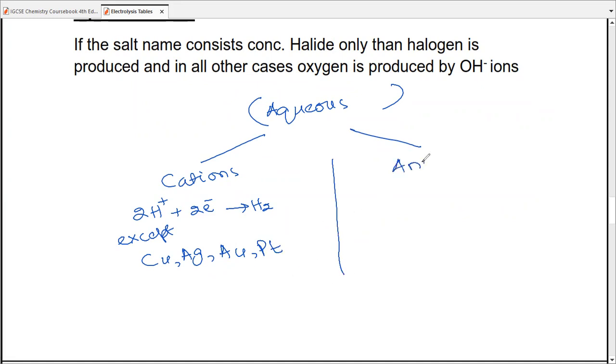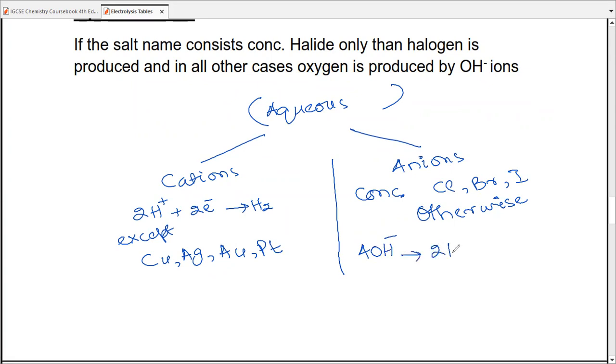In case of anions, for concentrated chloride or bromide or iodide ions, these form. Otherwise, for all other cases, this equation will be used. 4OH negative gives us 2 water molecules.